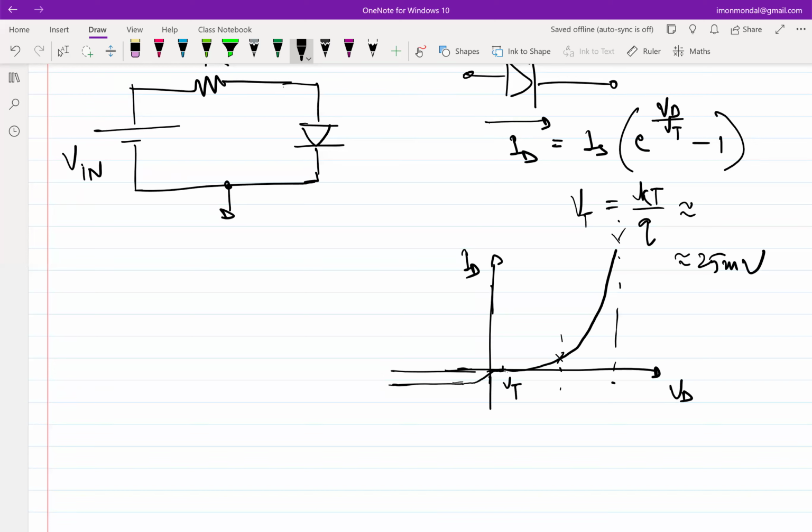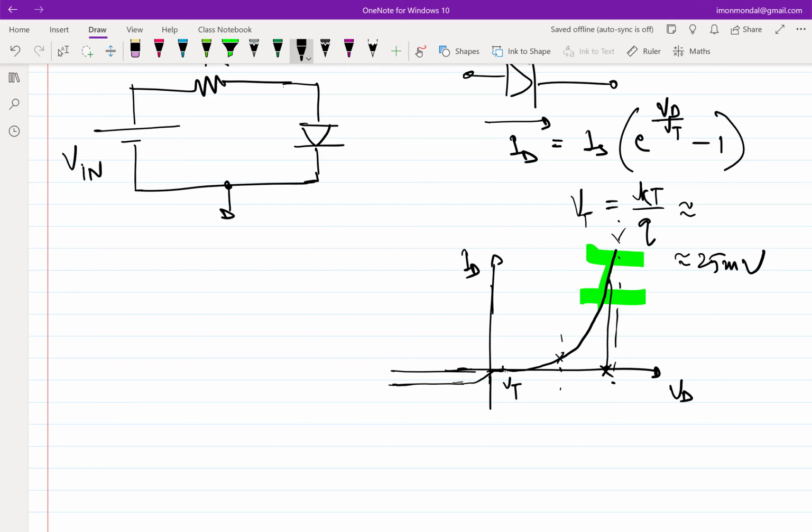The inherent assumption is that we are operating under some known range of current. So if we are operating somewhere in this region, and I know that current changes only in this range, then probably I can say that the voltage I can approximate with this value.